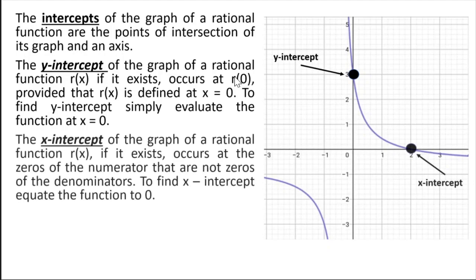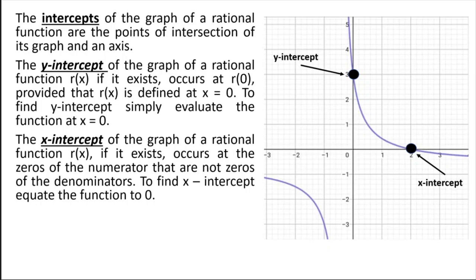Next, the x-intercept. The x-intercept of the graph of the rational function r of x, if it exists, occurs at the zeros of the numerator that are not zeros of the denominator.